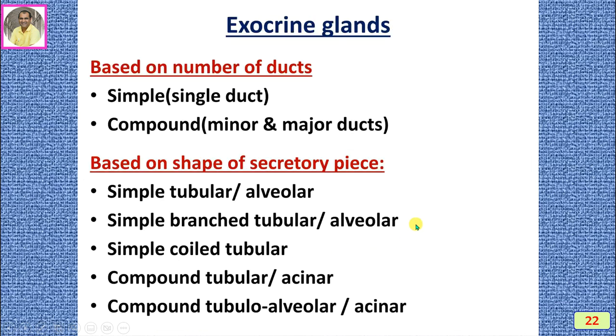Whereas the exocrine glands based on number of ducts are simple or compound. And once again, based on the shape, glands are simple tubular, alveolar, simple branched, simple coiled tubular, compound tubular or alveolar, and compound tubulo-alveolar or acinar.